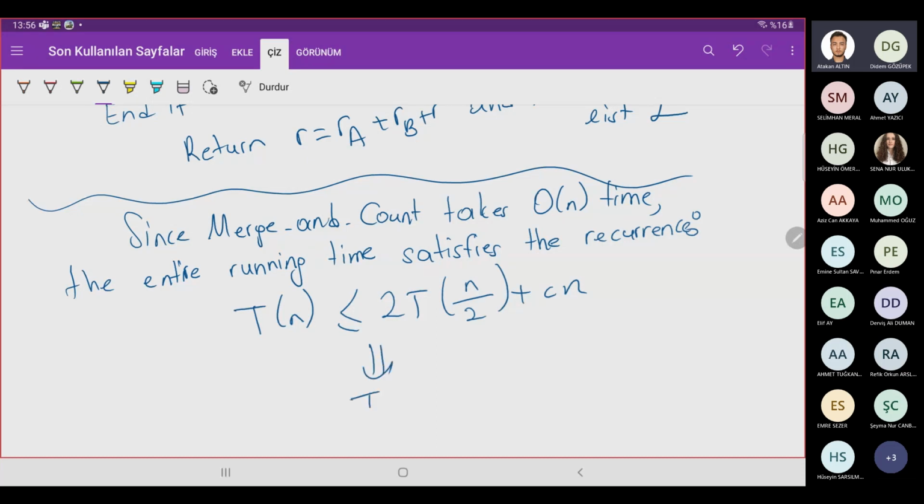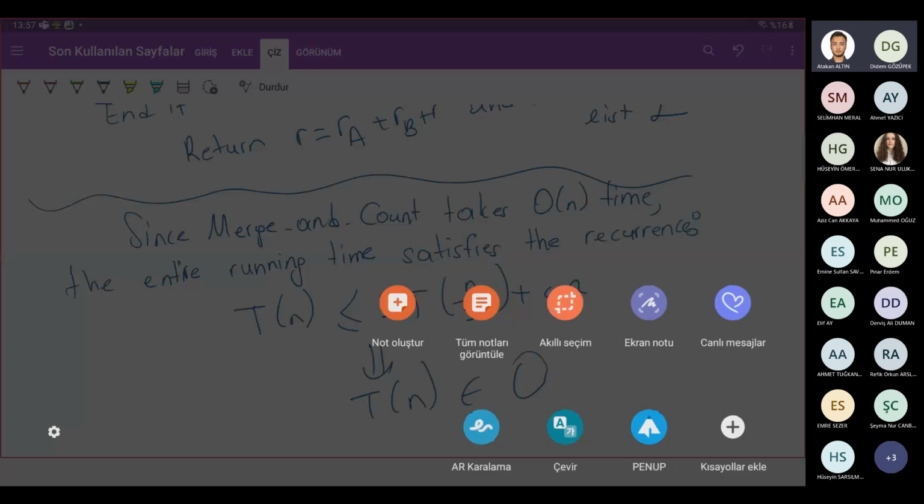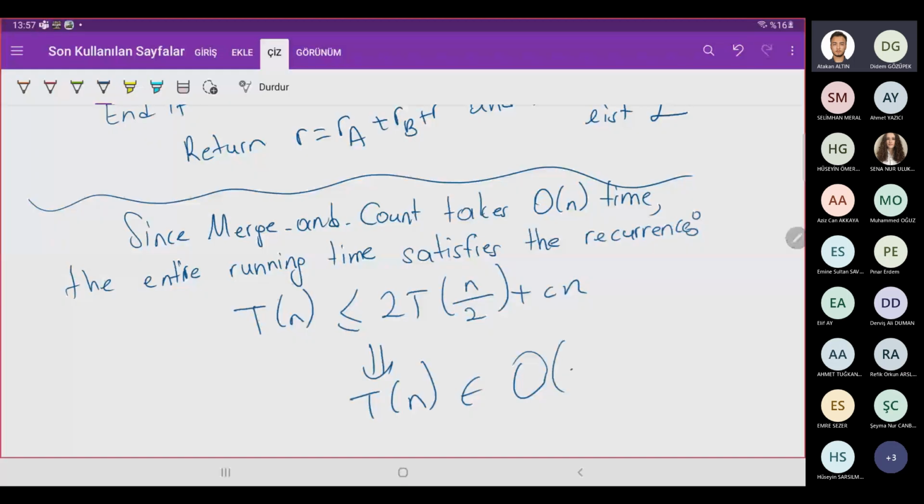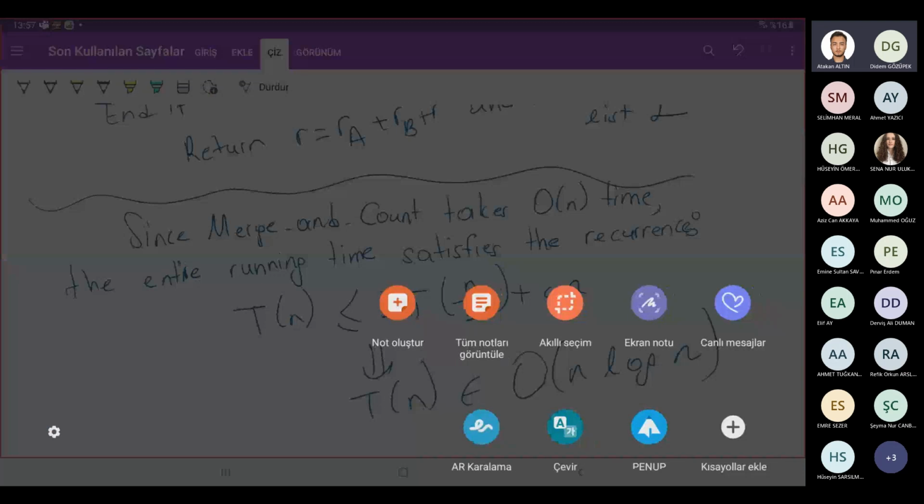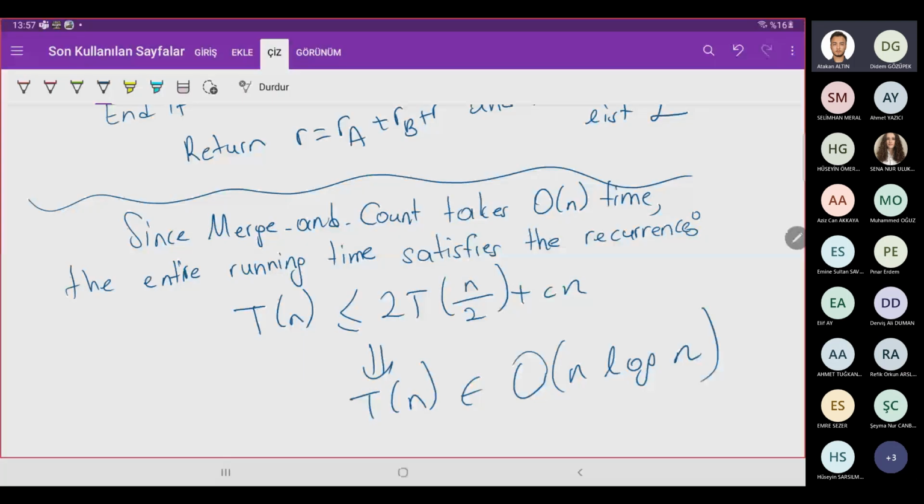So we can say from our previous analysis, or the Master theorem also, immediately that T(n) is O(n log n).